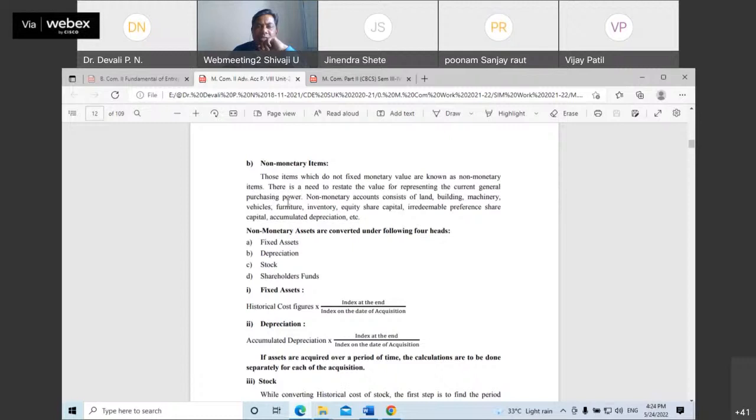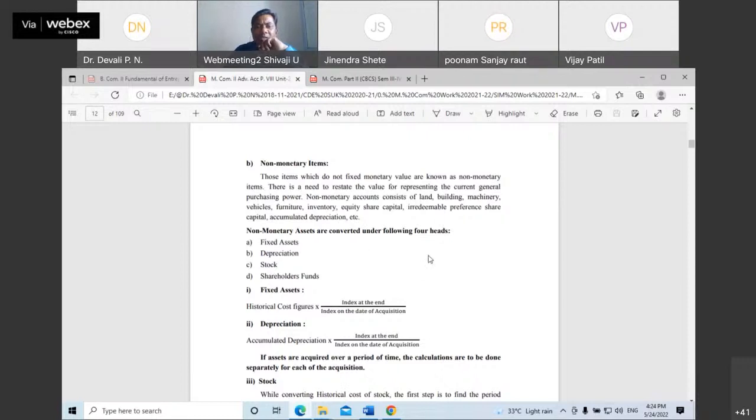All these items of assets and liabilities represent our purchasing power. The non-monetary accounts contain land, building, machinery, vehicle, furniture, inventory, equity share capital, irredeemable preference share capital, accumulated depreciation.